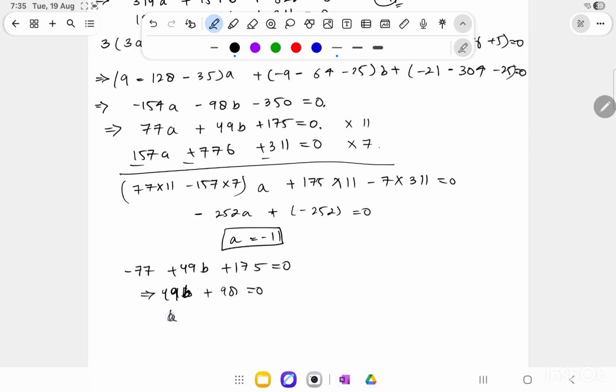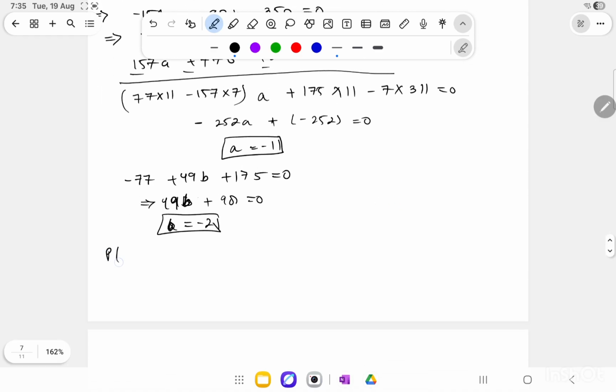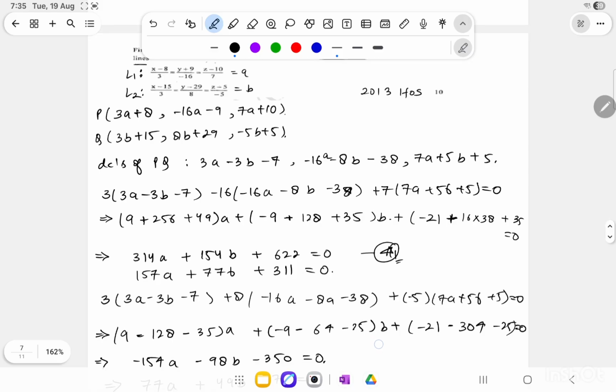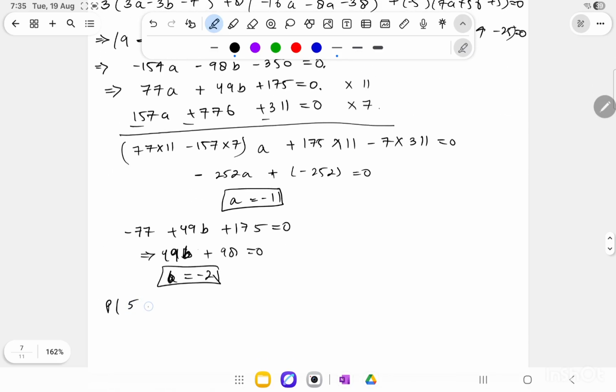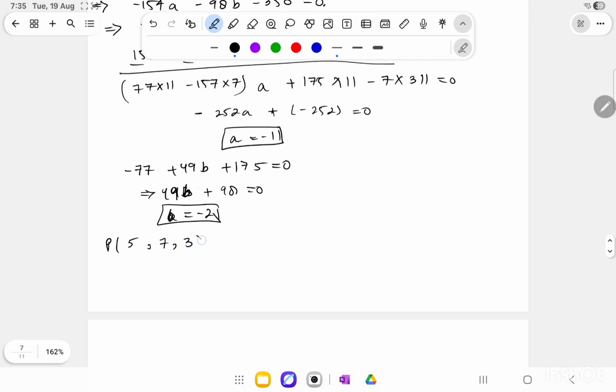So my b is minus 2. So I got the values of both a and b. Using this I can find my points P and Q. So my point P will be 8 minus 3, 16 minus 9, 8 minus 3, 5, 16 minus 9, 7, and 10 minus 7, 3.